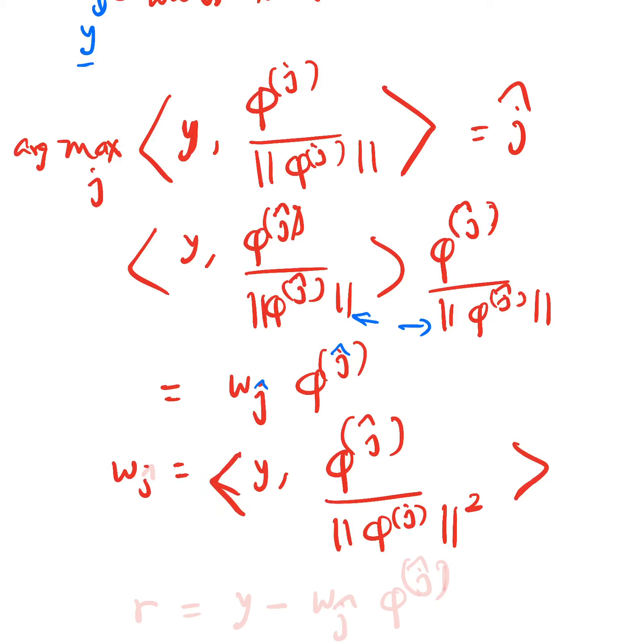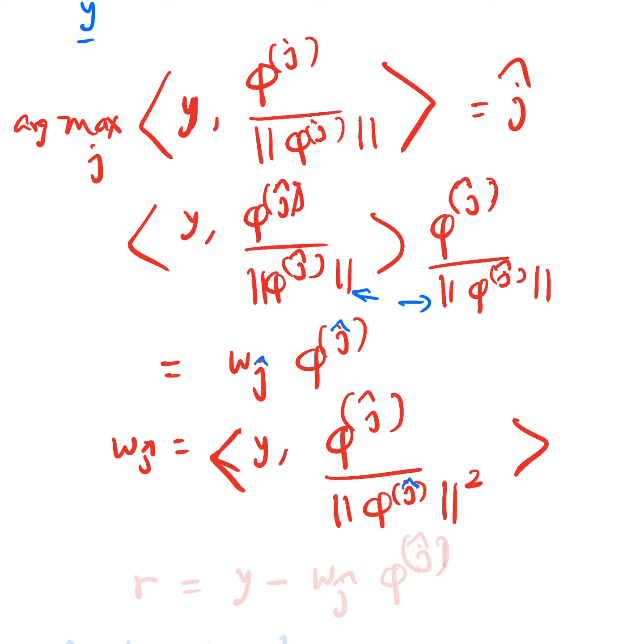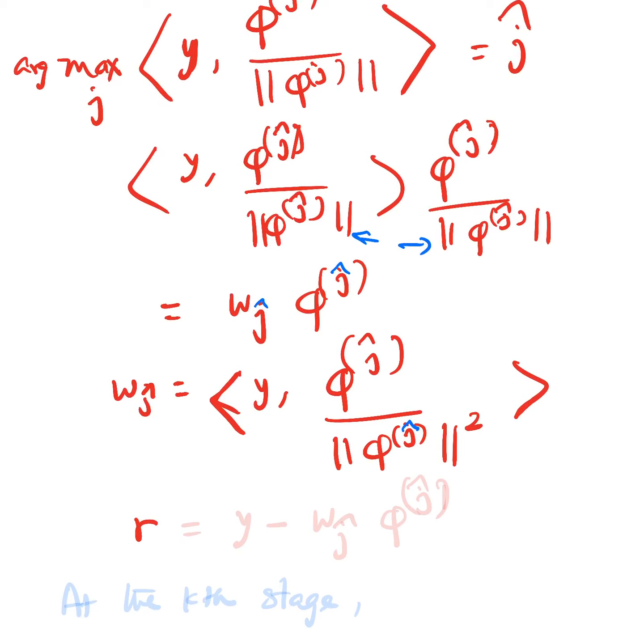So that is my Wj hat. So it's a greedy strategy, and then I explain part of it, and then I'll look at the residual, and that's going to be Y minus Wj hat.